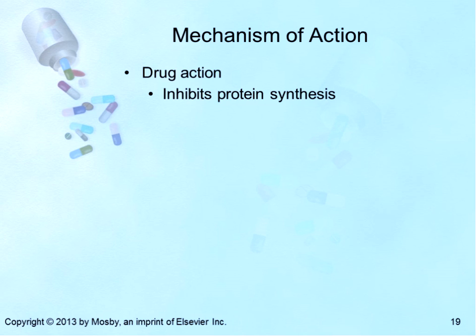Macrolides inhibit a specific step in protein synthesis where new tRNA moves from the ribosome to the new site. Some macrolides block protein synthesis by binding to a specific location of the RNA on the 50S ribosome.